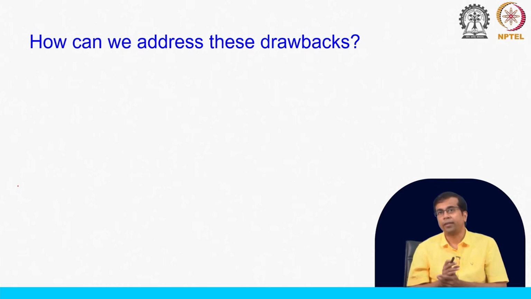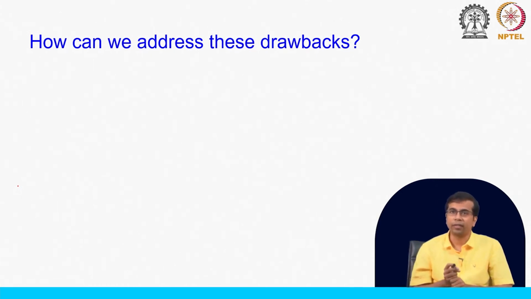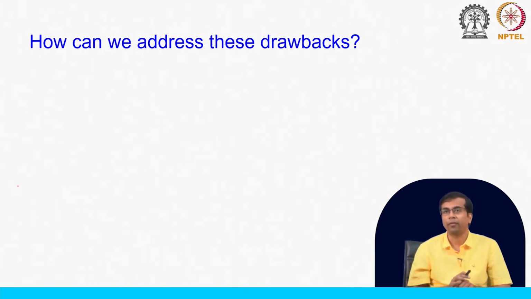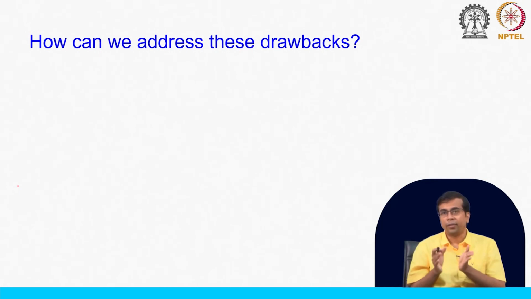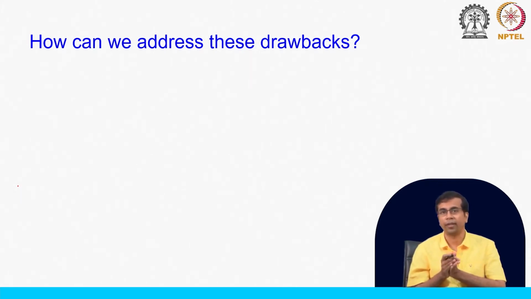So how can we address these drawbacks? This is something that we saw in 454, that we have the quality score and the sequence data separately, and this is computationally really inefficient. How do we address these drawbacks? We cannot just throw away the quality score. We need that for quality control in the next step.